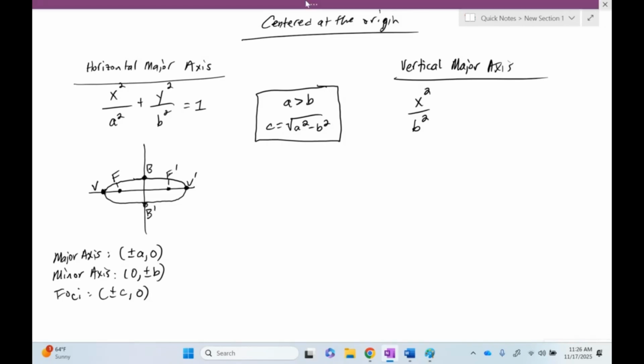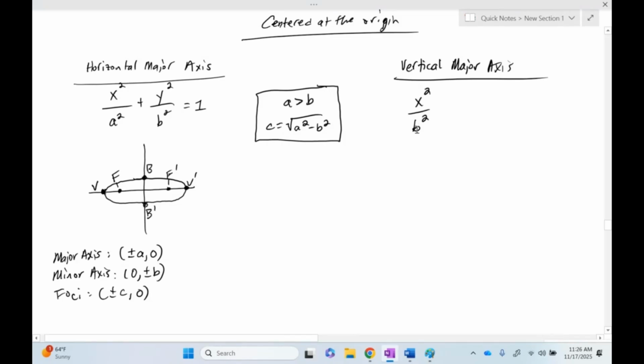So notice now that the smallest number is underneath that x squared variable, plus y squared over a squared equals 1. So notice they look the same, but if you have a vertical major axis, the largest number is now underneath your y variable.